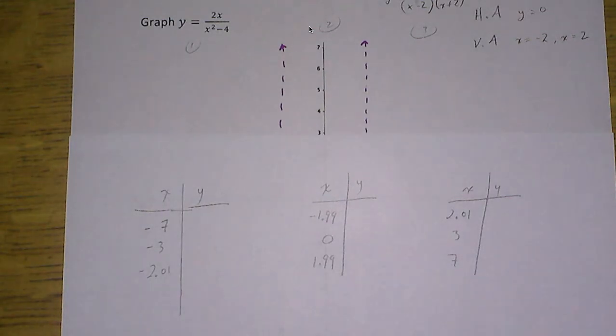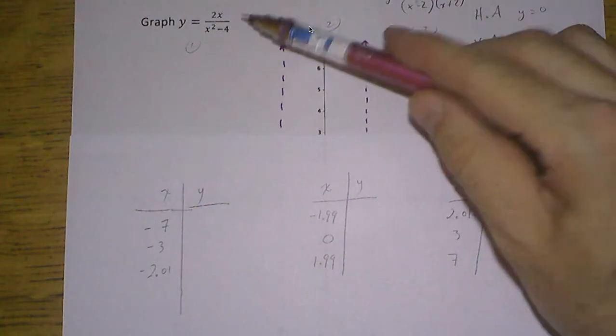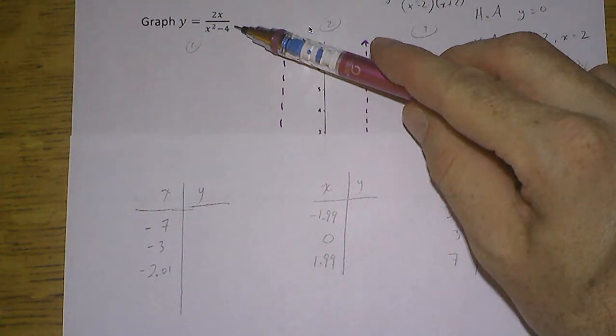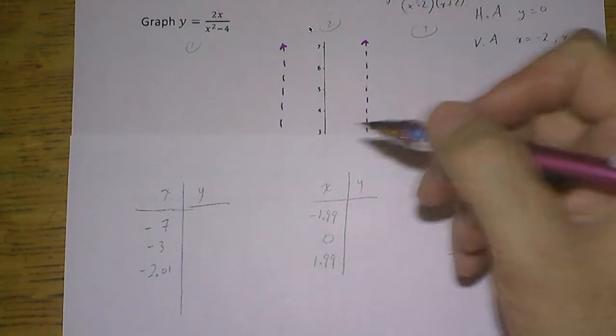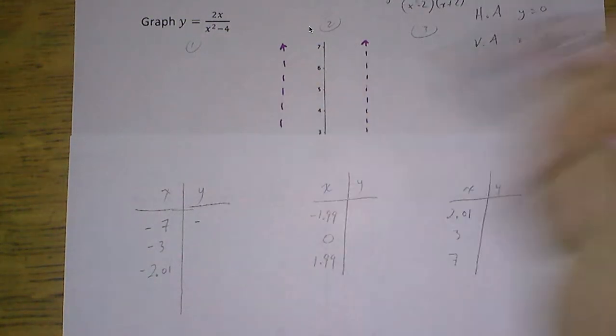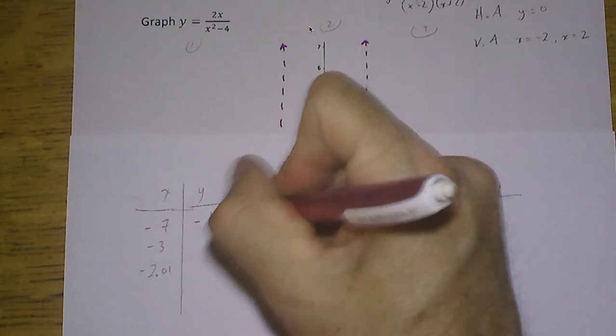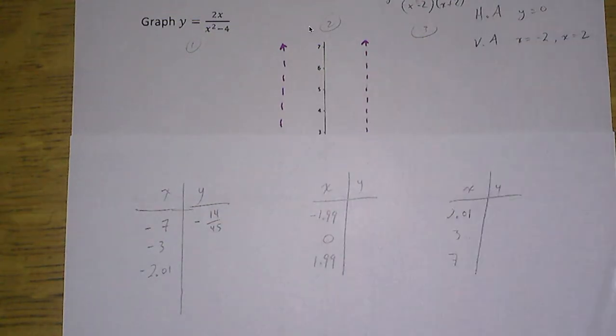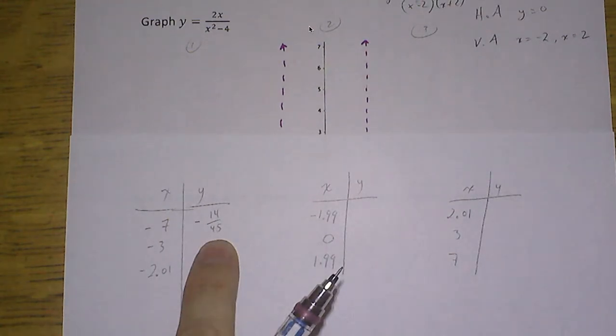All right, so let's get started. I know that if I plug in negative 7 here, the top is negative 14. The bottom looks like a crazy 45. It's an ugly number, but all I know is it's close to 0, but it's negative.